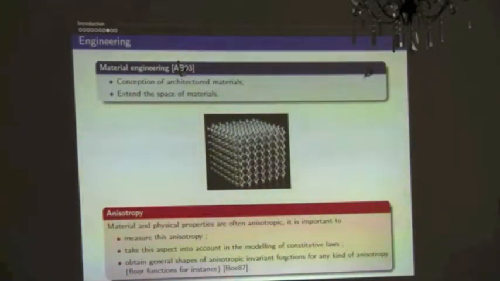With nowadays development in material science, this parameter should be taken into account. And maybe, as we will see, if you study propagation in periodic lattices, you can demonstrate that propagation within periodic lattices is always anisotropic.